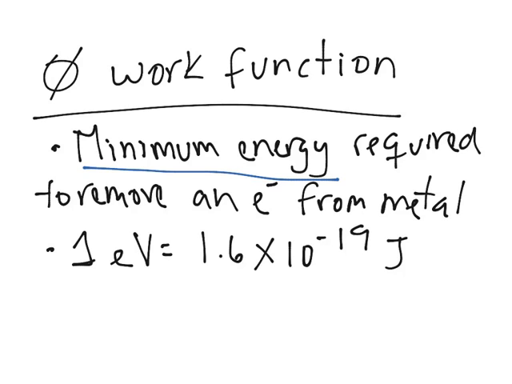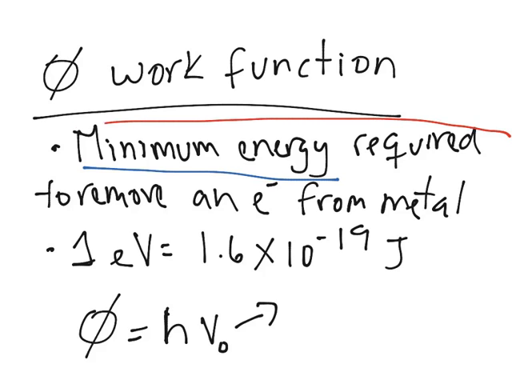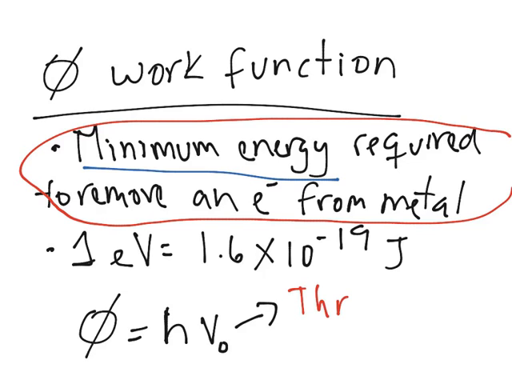And if you don't have it, you can determine it from multiplying Planck's constant by the initial frequency, or what is also called the threshold frequency, which is just the minimum frequency required to eject electrons. So kind of like this concept. Instead of minimum energy, minimum frequency. That is threshold frequency.